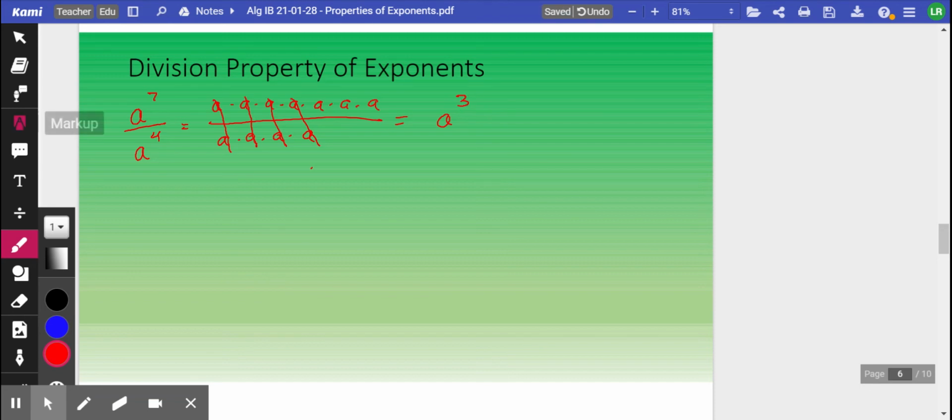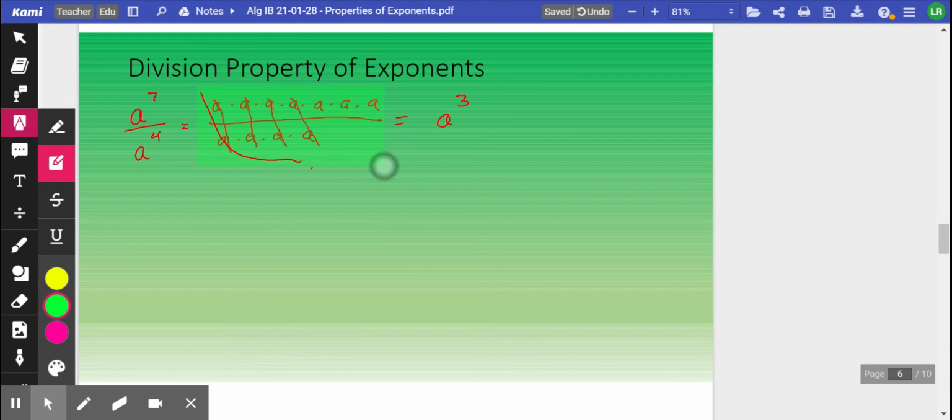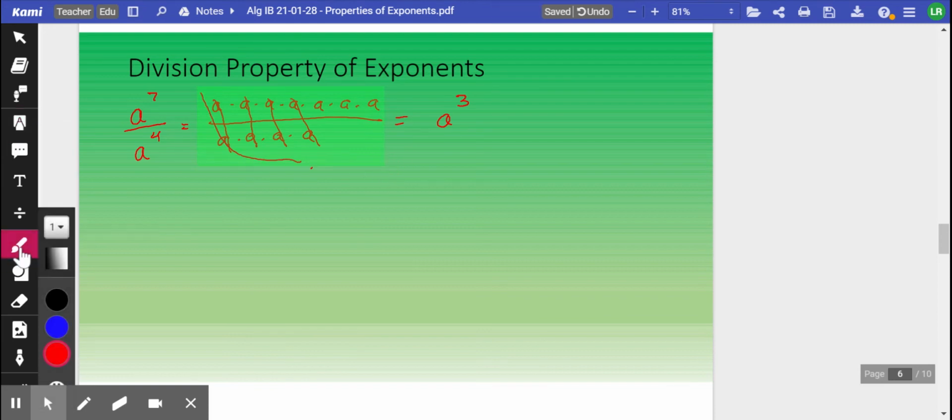Well, I don't need to do this step every time. So there's a shortcut. Here's the shortcut.